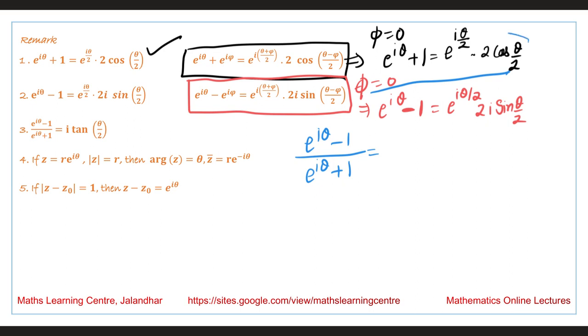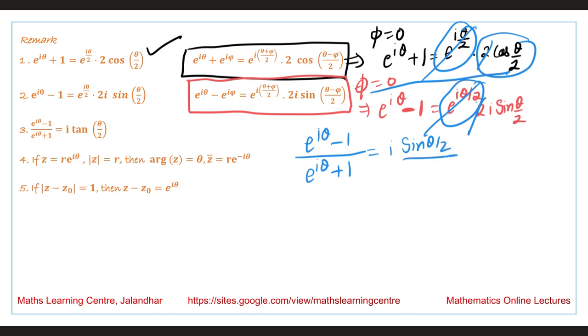On dividing these two terms, e raised to the power iota theta by 2 gets cancelled, this 2 gets cancelled, and we are left with iota sin theta by 2 over cos theta by 2. So this is equal to iota tan theta by 2. This is our third result that we have over here.